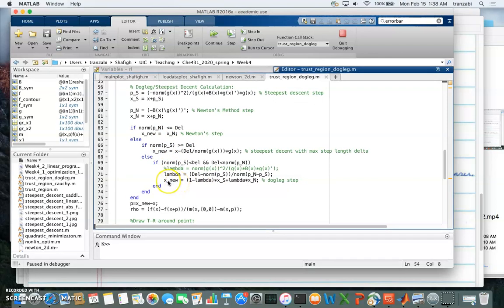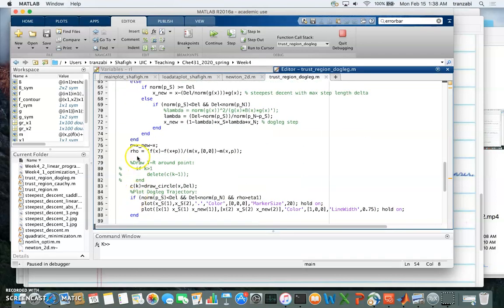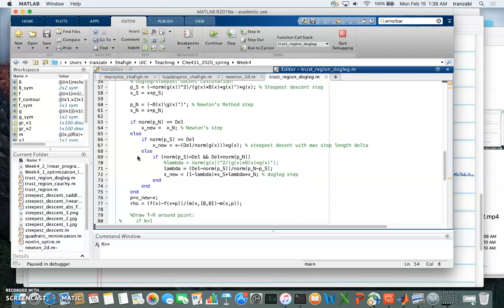As soon as we have the new solution, we can get the direction, which is the next solution minus the current solution. So that's going to be the p. And then we can calculate the ratio.